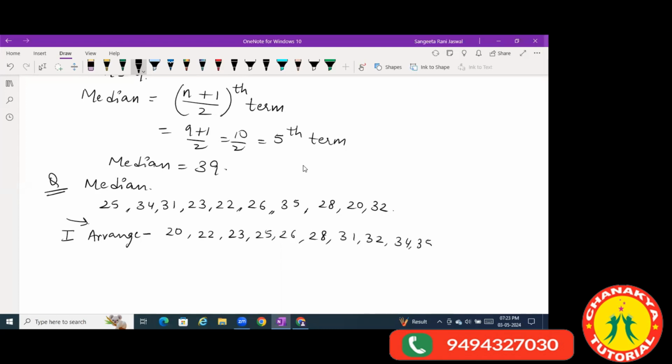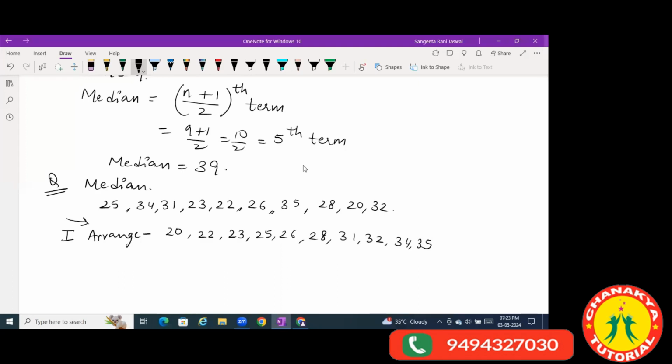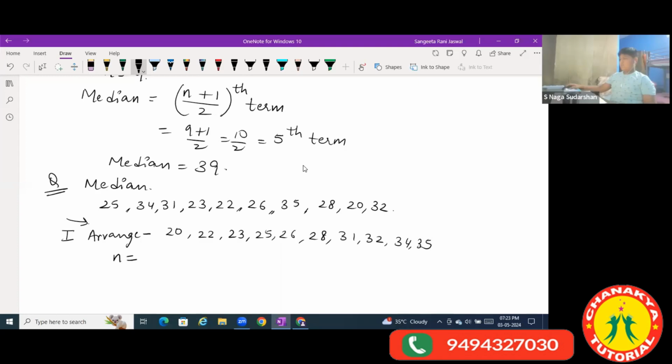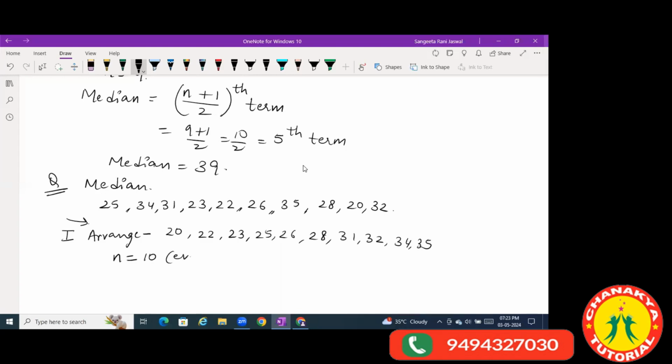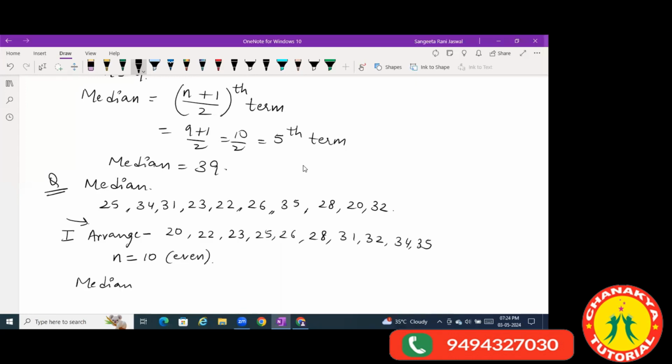Okay, so shall I count the numbers? How many numbers are these? What is the n value? 1, 2, 3, 4, 5, 6, 7, 8, 9, 10. 10 numbers. So 10 is an even number, no? Yes. Okay. So if I have to find the median for an even number of observations, what do I do?